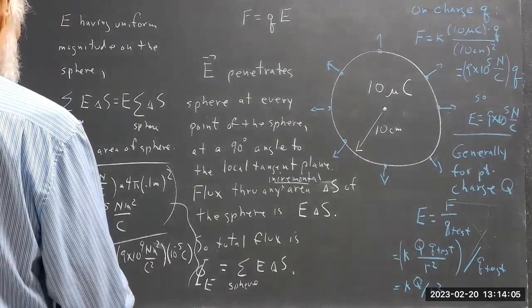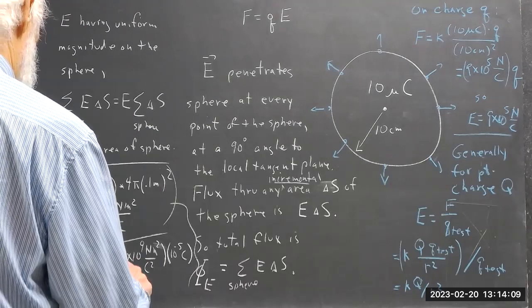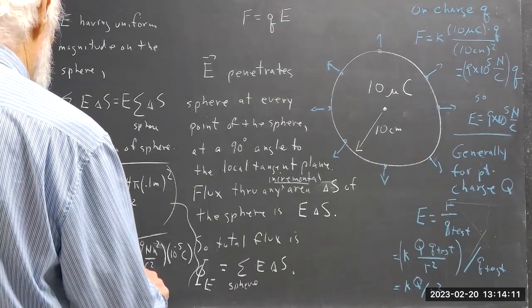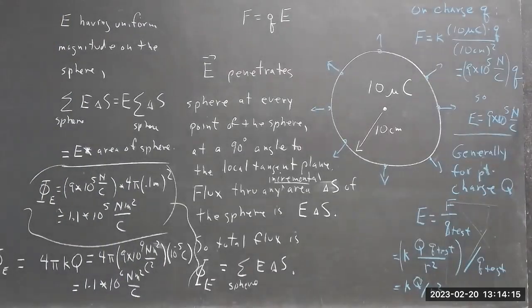I'm getting like 1.1 times 10 to the 6th newtons per coulomb. I'm doing it in my head. That seems to agree with what we get here.